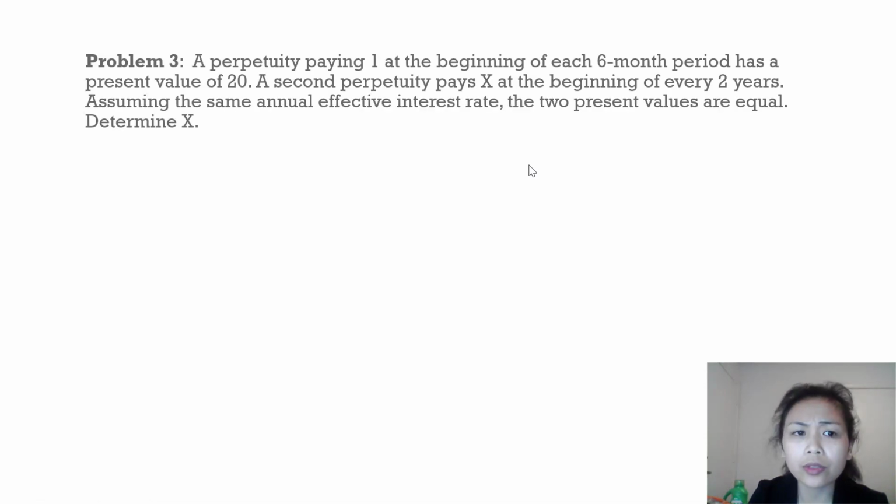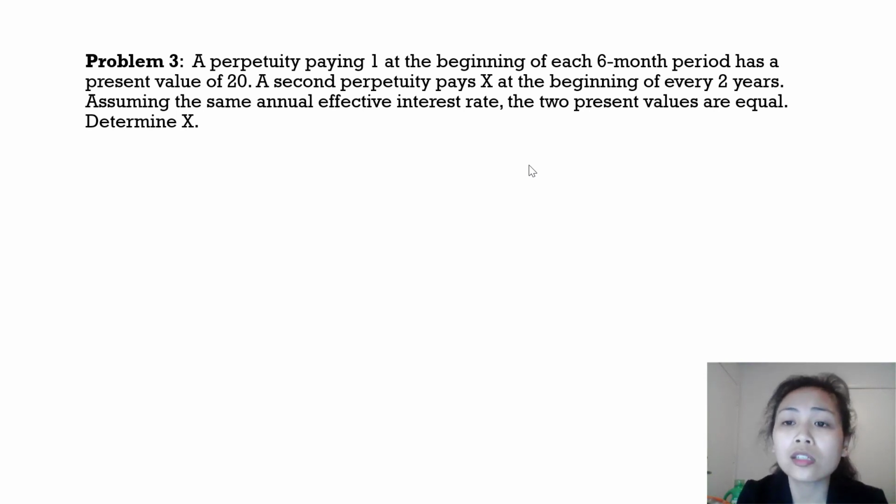Now problem number 3. A perpetuity paying 1 at the beginning of each 6 month period has a present value of 20. A second perpetuity pays X at the beginning of every 2 years, assuming the same annual effective interest rate. The two present values are equal. Determine X. So here we are given two perpetuities.